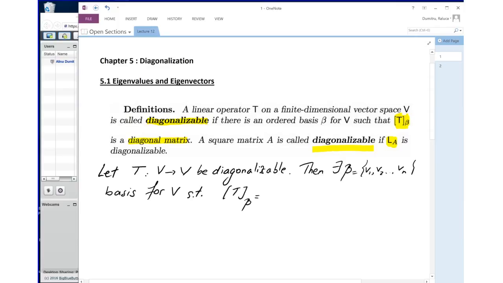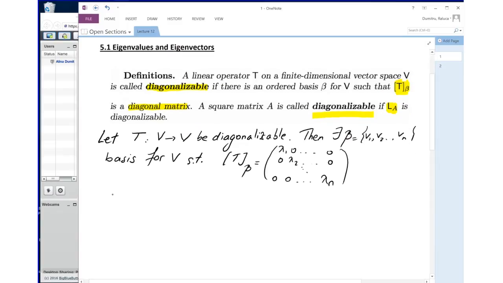A diagonal matrix would have to be n by n, with some entries on the diagonal, and everywhere else it would be 0. Let me call those entries lambda 1, lambda 2, lambda n, and everything else would be 0. So it would have to look like this.